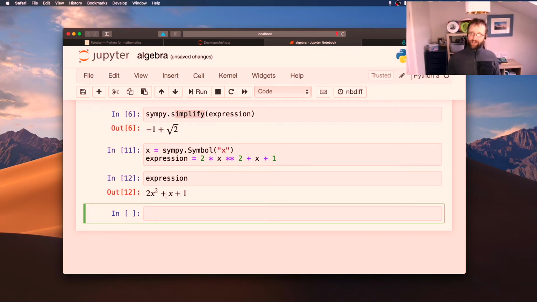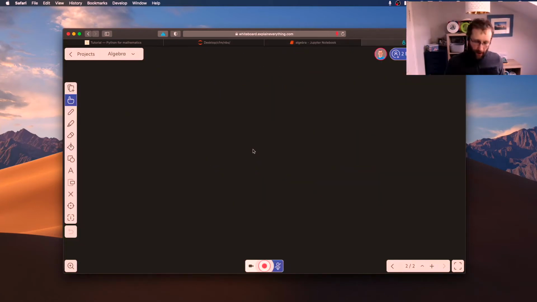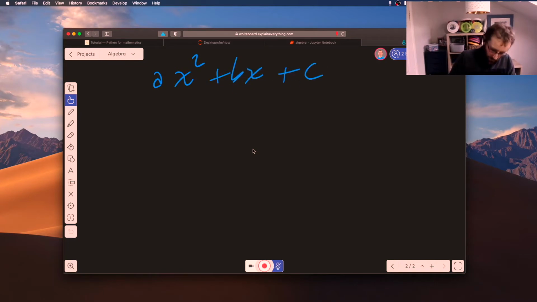And the first part of the question asked us to find the discriminant of expression. And for those of you who might need a slight reminder, maybe I need a slight reminder, if we have a quadratic ax squared plus bx plus c, the discriminant of that is b squared minus 4ac.